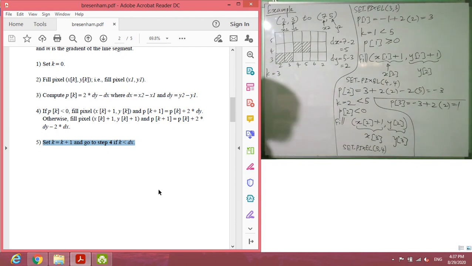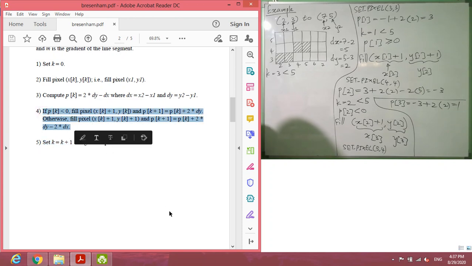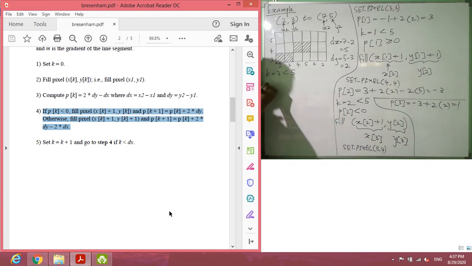And it is less than 5. The condition is okay. Therefore, we move to step 4. We check whether pk, that means p3 value, it is not less than 0, it is greater than or equal to 0. Therefore, we have to execute this part.